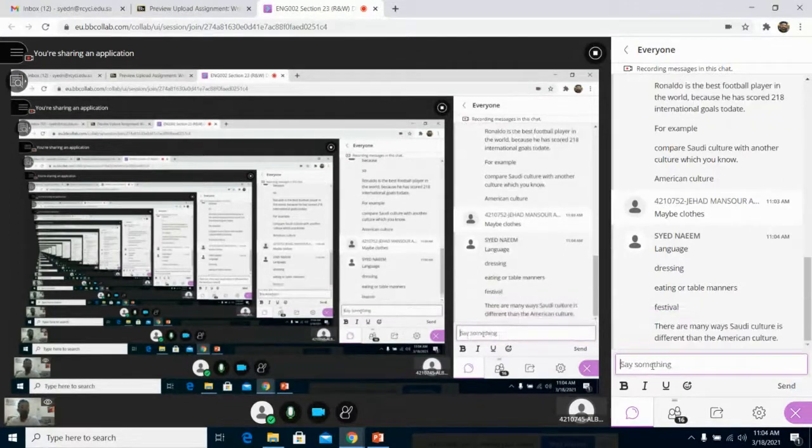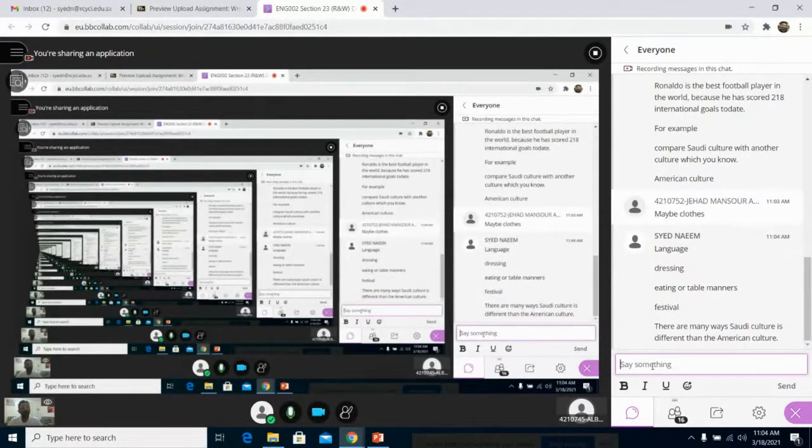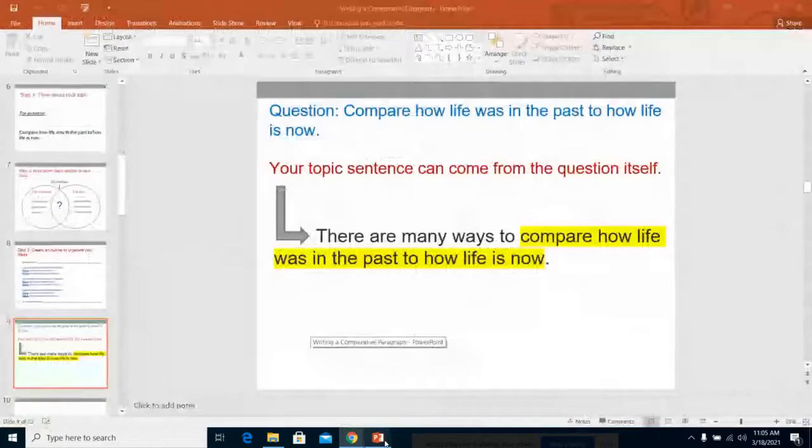Or you can say there are many ways Saudi culture is similar to the American culture. So this is the way you have to start writing a topic sentence.